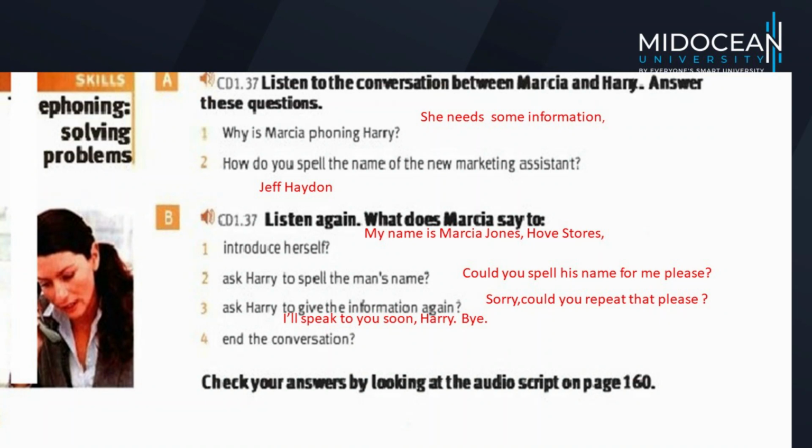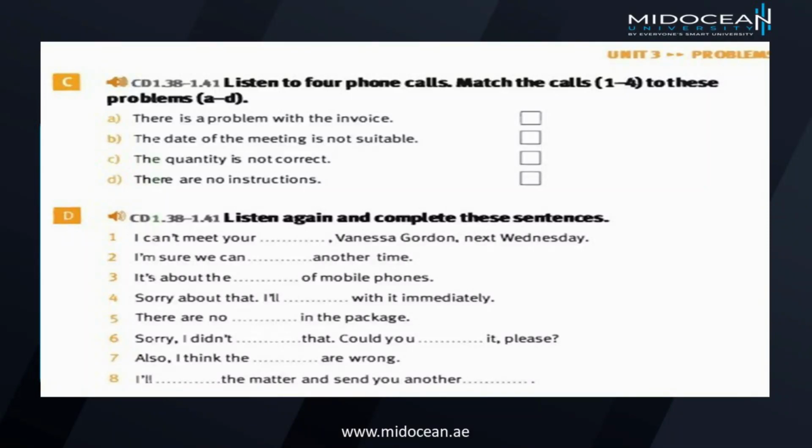To ask Harry to give the information again, she said, "Sorry, could you repeat that, please?" And to end the conversation, she said, "I'll speak to you soon, Harry. Bye."